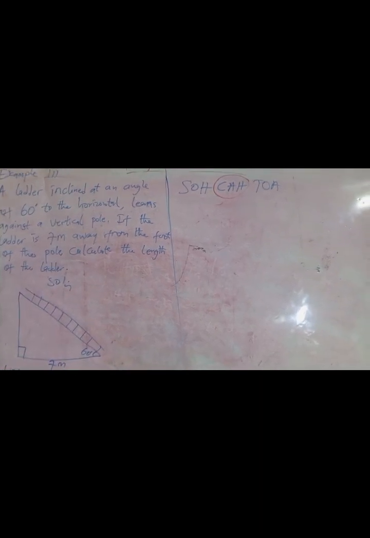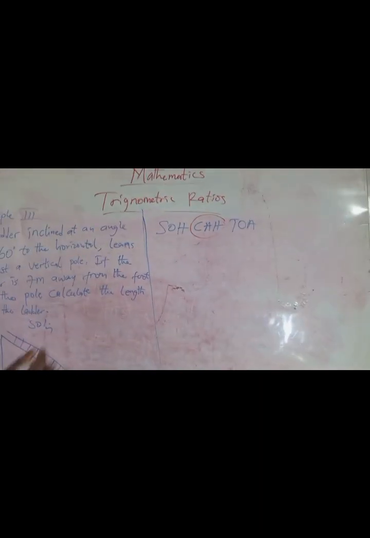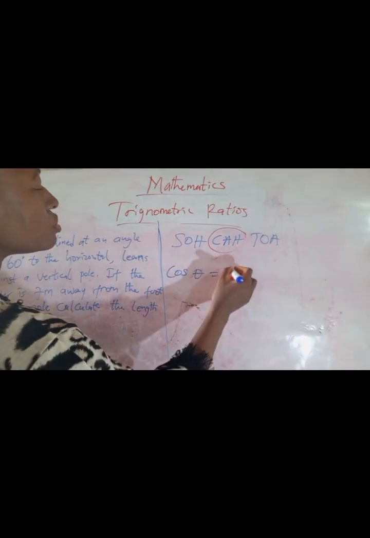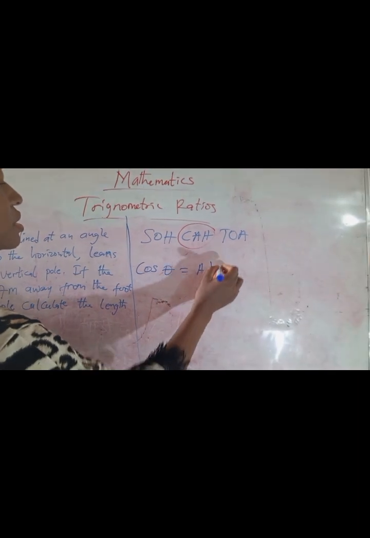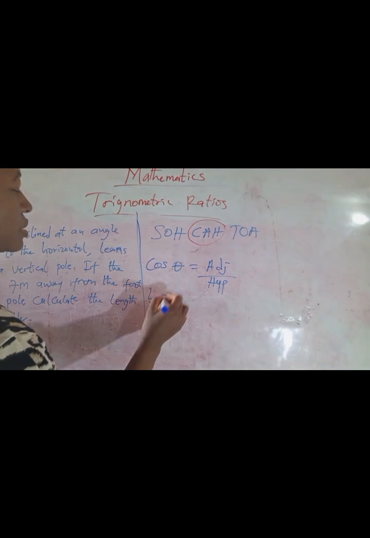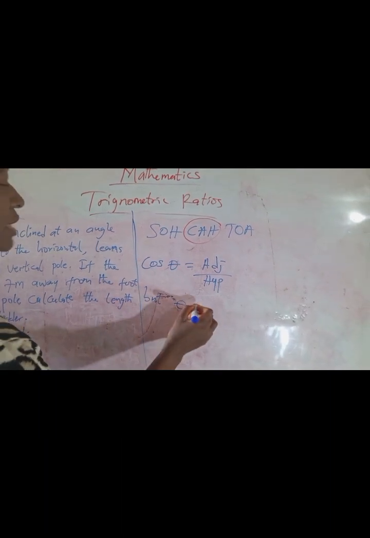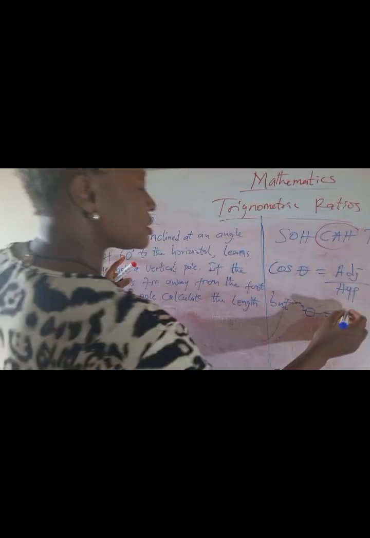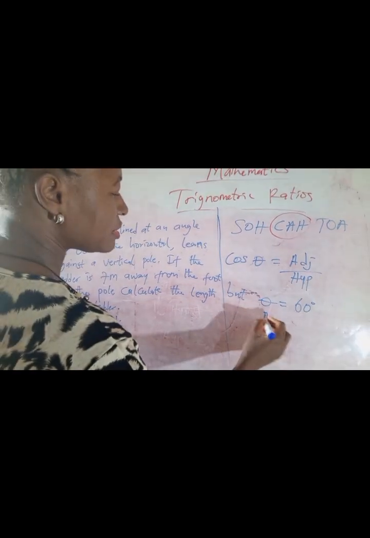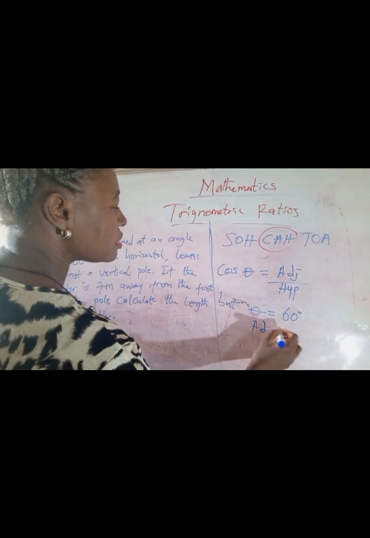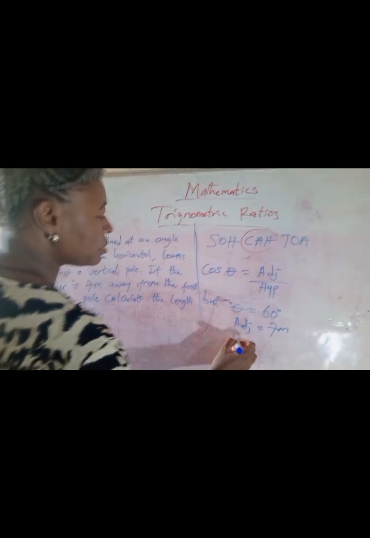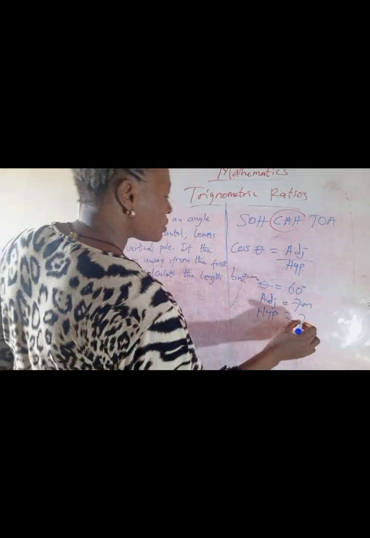So from this, we have cos theta is equal to adjacent over hypotenuse. But from the question, theta, the angle, is 60 degrees. Then adjacent is 7 meters from the question. Then what you're looking for is hypotenuse.